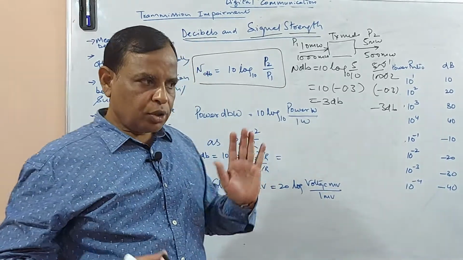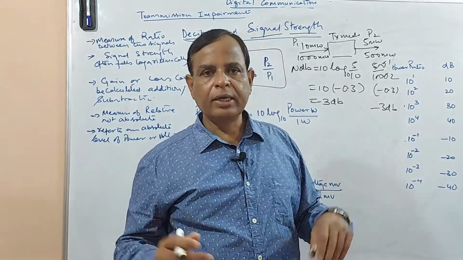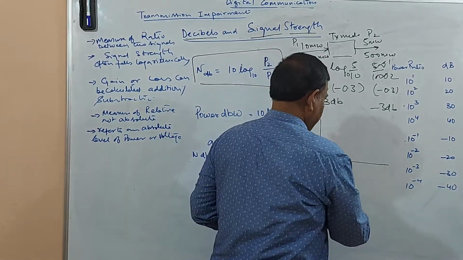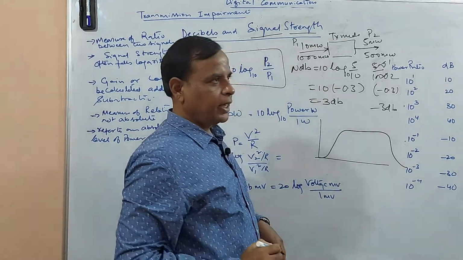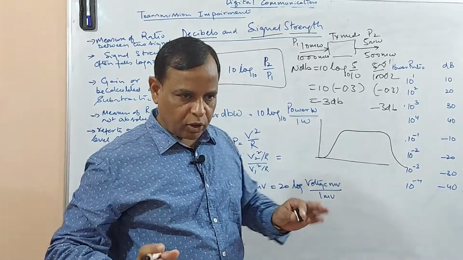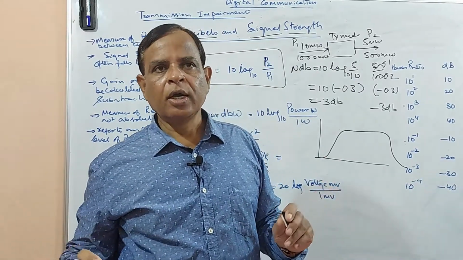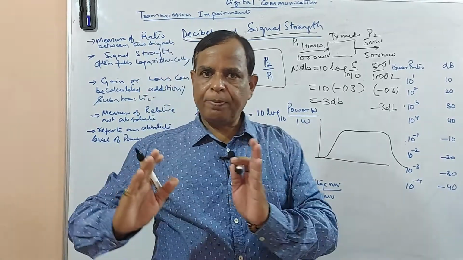To understand better, even when you are working with filters, a band pass filter's characteristic is shown like this. Generally a band pass filter allows a certain range of frequencies. What we expect is that all the useful frequencies should be passed.